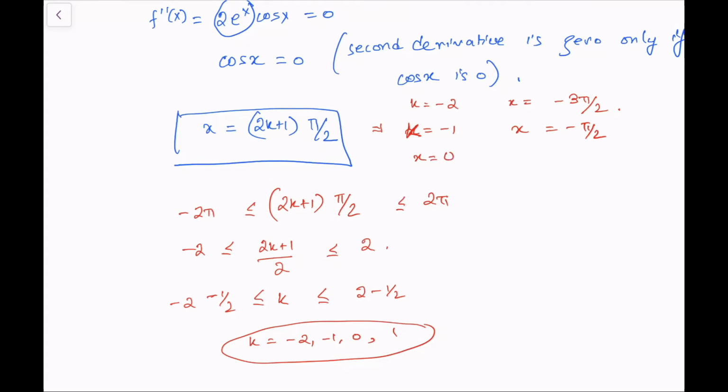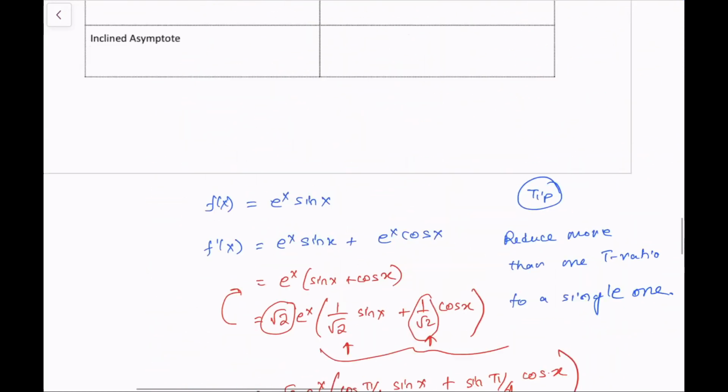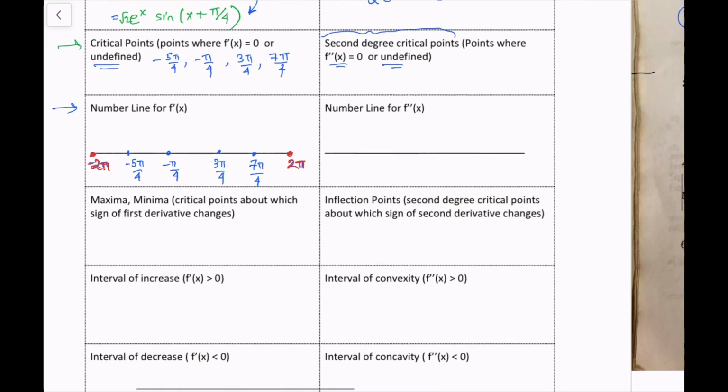When k is equal to 0, x is equal to pi over 2, and we have finally k equals 1, which gives us x is equal to 3 pi by 2. So we really have these four values between negative 2 pi and positive 2 pi.